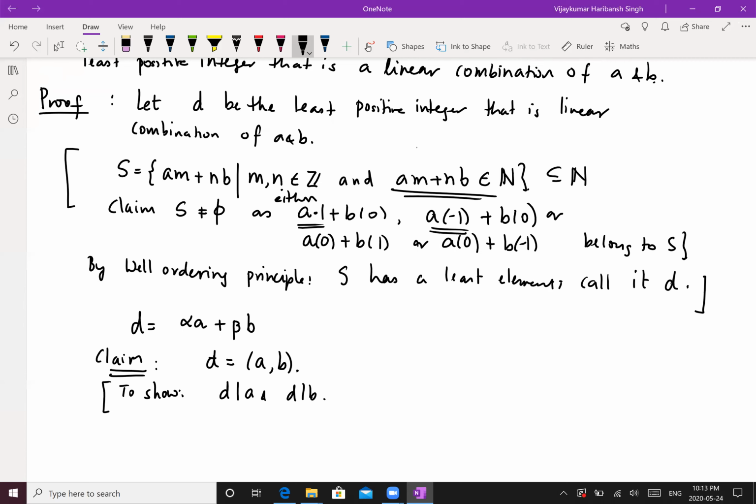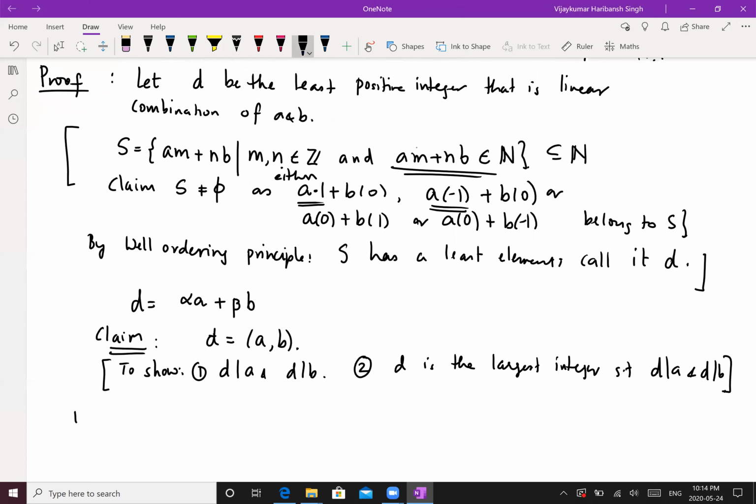And second, d is the largest integer such that d divides a and d divides b. Okay, so we need to show these two things. So, part 1. What do we have? We have d equals alpha a plus beta b, right?